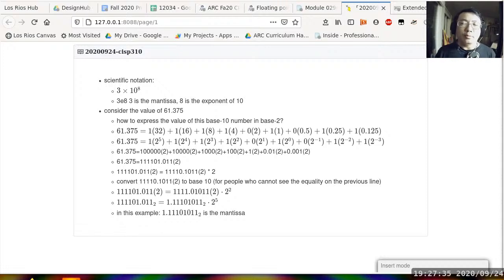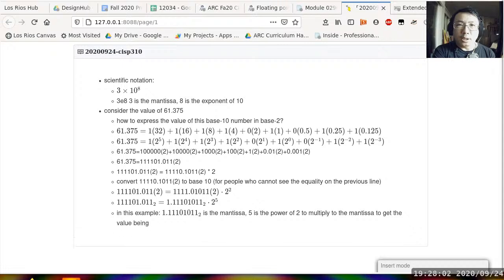What is the quantity of, in this case, a power of 2? So this is the quantity that we are talking about. And then we will say, 5 is the power of 2 to multiply to the mantissa to get the value being represented.